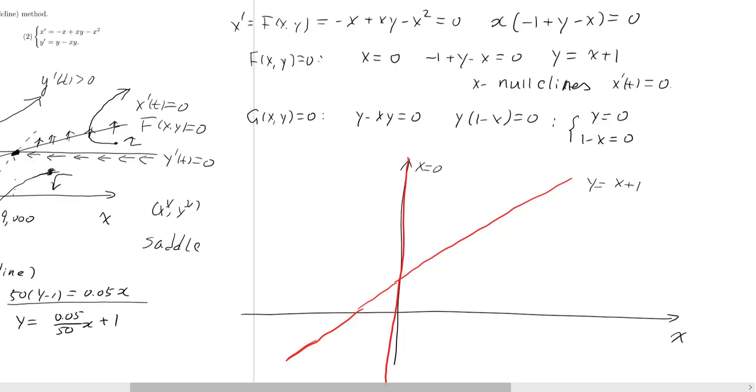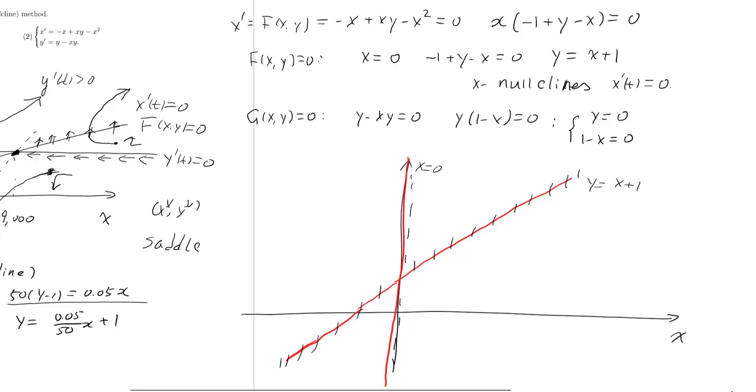Again, we can put short line segments over here. Along these x nullclines, the x direction derivative is 0, so we only have vertical velocity. y prime isn't 0, so we put these things over there. Okay. Now let's draw the y nullclines.